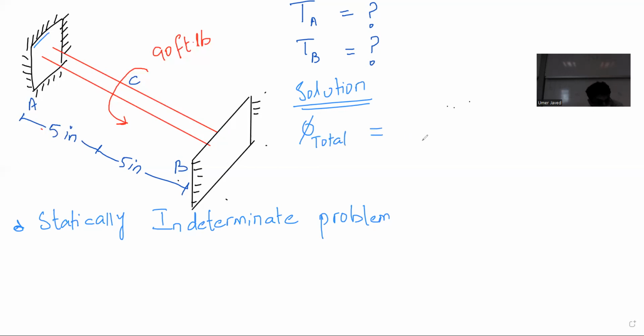Phi total will be 0 degree, right? Yes, no? So I will say that phi total equal to phi AB, phi AC plus phi CB, correct?